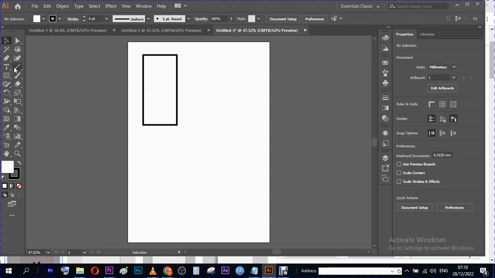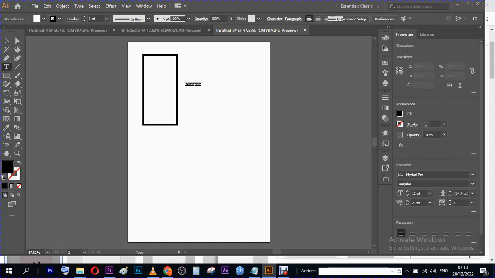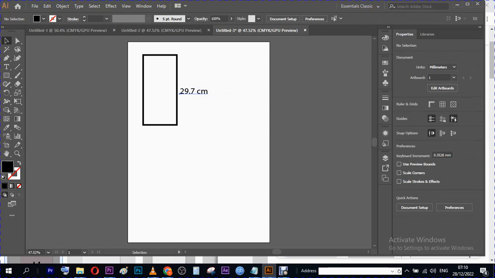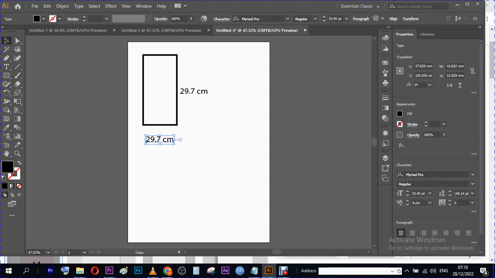So we go for the text tool. Our height is 29.7 centimeters. Then if we duplicate this, I'm using a Windows computer or laptop.